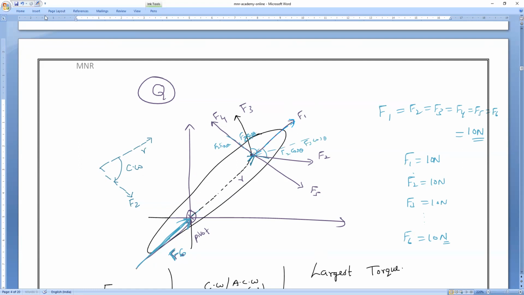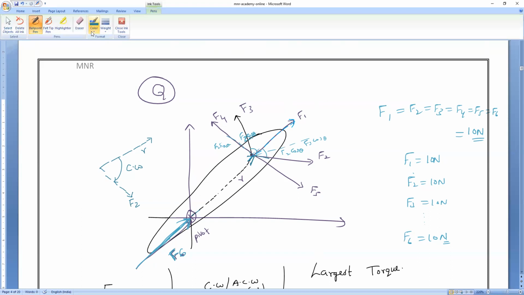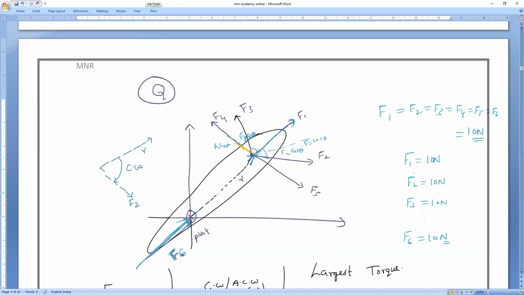But if you notice here, F4 and F5, both are perpendicular, either clockwise or anti-clockwise. So sin theta is maximum when, guys? 90 degrees. Understanding everybody? As the angle keeps increasing from 0 to 90, 90 is maximum.